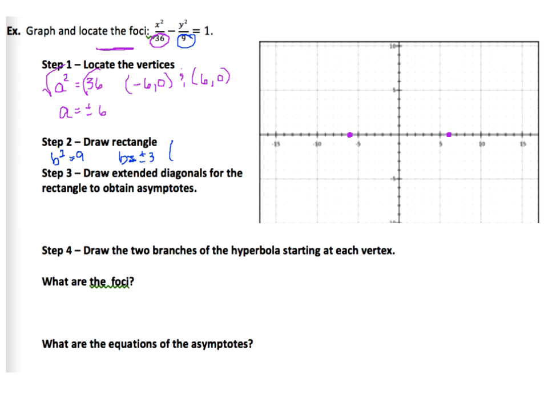So I have my B points, or in this case my y-intercepts, at 0, negative 3, and 0, 3. I'm just going to mark those before I draw my rectangle, and then I'm going to come back and dot in my rectangle just to give me guidelines.